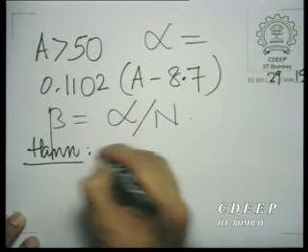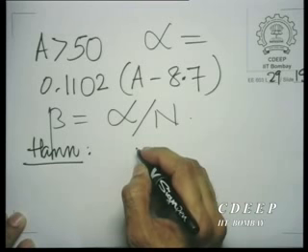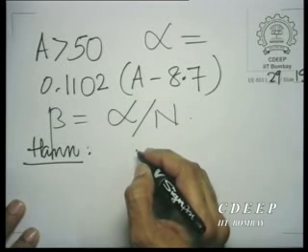You see, for the Hann window, the peak relative side lobe amplitude, or the effective peak error, let's not worry about the side lobe amplitude.